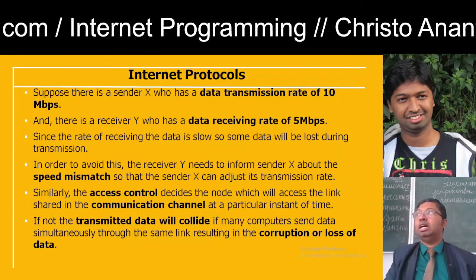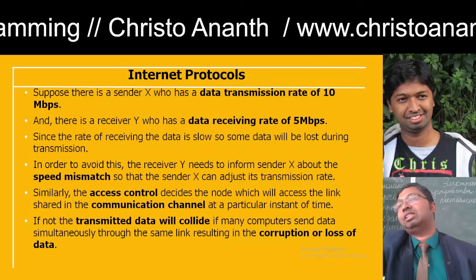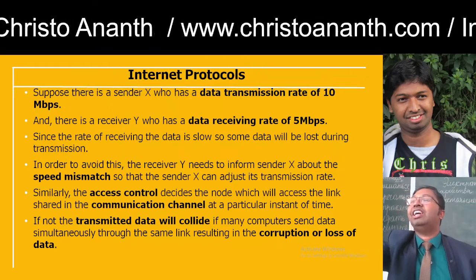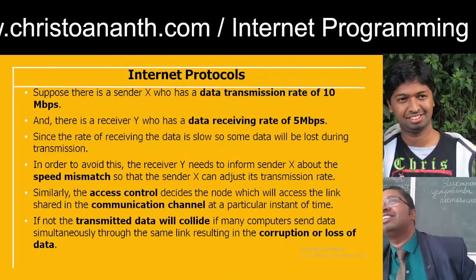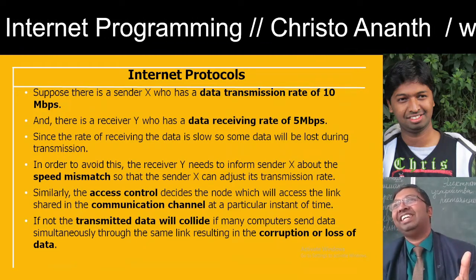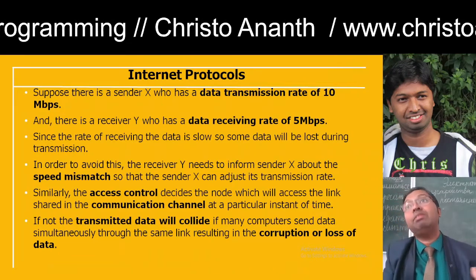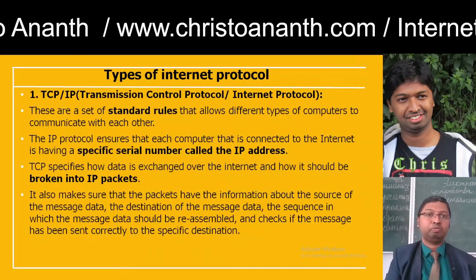For example, on the internet, when they are publishing your result, if 100 students try to access it at once, it will be jammed. We cannot see the entire result. So there will be corruption and loss of data.